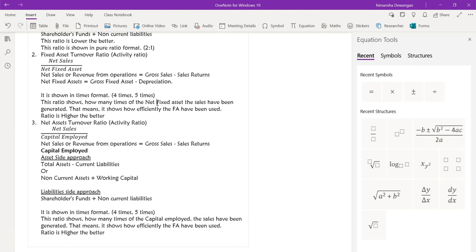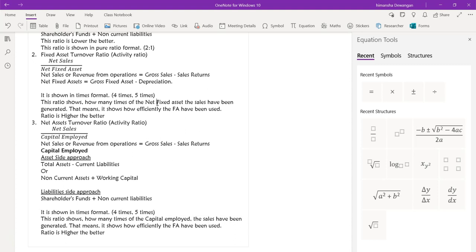At the time when I taught you these activity ratios, I explained that the activity ratios help you in evaluating how efficiently you are running the business. So after studying all the ratios, the inventory turnover ratio, what are the other ratios, Ayushi?